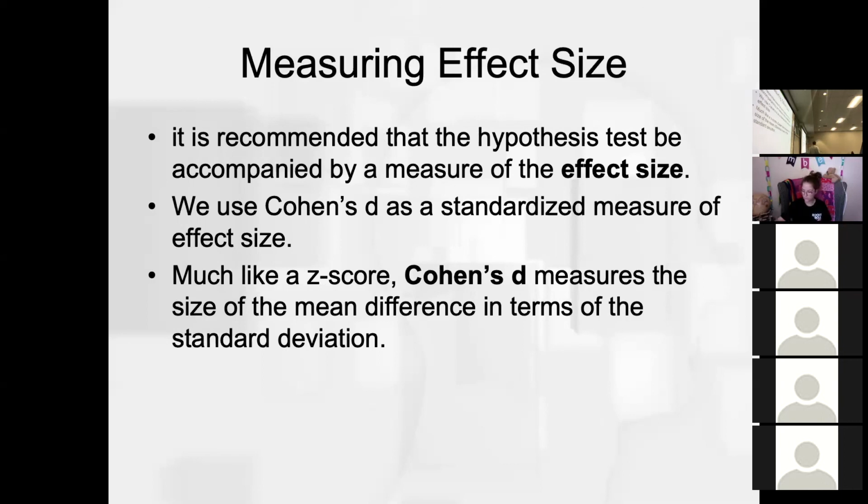We typically use what's known as Cohen's d to measure that effect size. And Cohen's d is nice because it is just about as easy as they come, such that it is the ratio between the mean difference and the standard deviation.